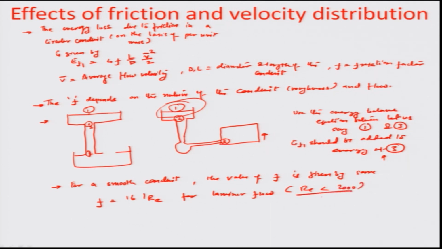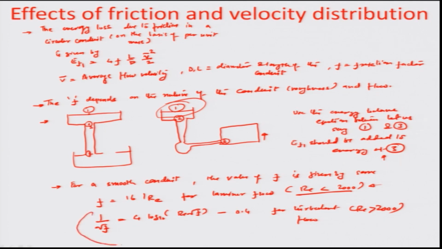So, basically it considers even the transitional as well as the laminar flow both, and the f can be related to again the Reynolds number in a little different manner as illustrated here for turbulent flow. Typically Re greater than 2000.